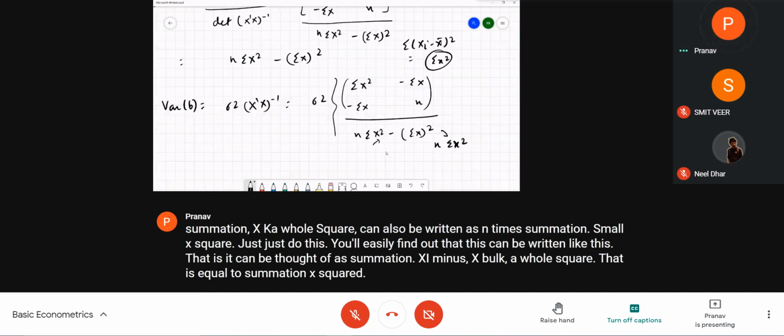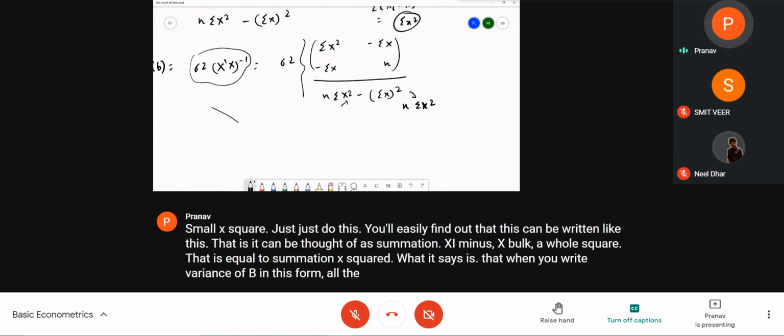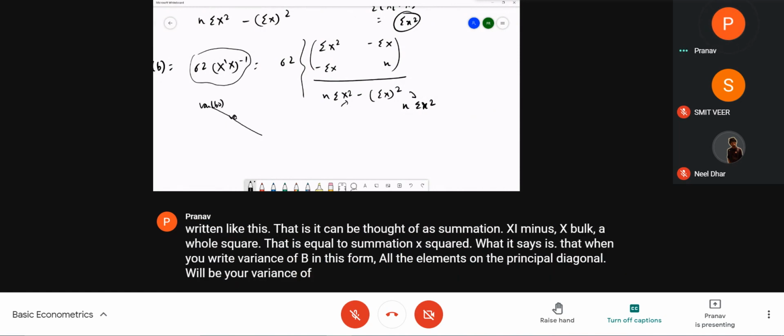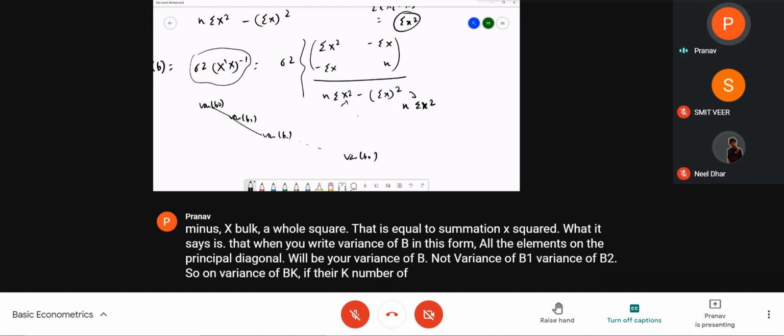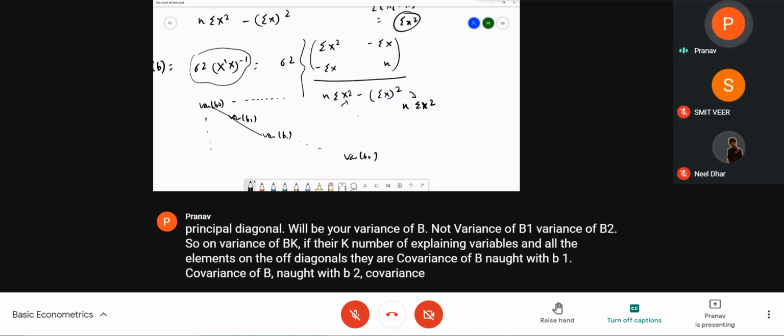Now, what it says is that when you write variance of B in this form, all the elements on the principal diagonal will be your variance of B0, variance of B1, variance of B2, so on, variance of Bk if there are k number of explanatory variables, and all the elements on the off diagonals, they are covariance of B0 with B1, covariance of B0 with B2, covariance of B0 with B3, so on till covariance of B0 with Bk.